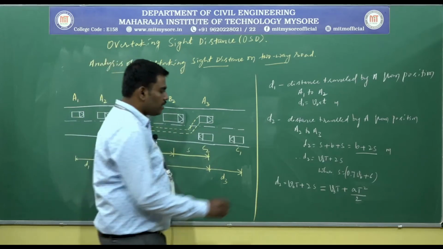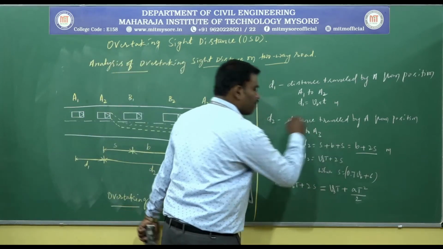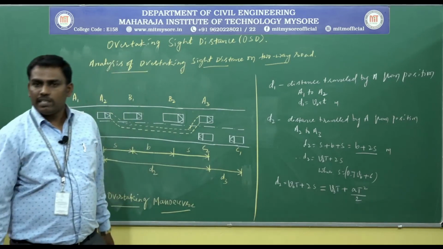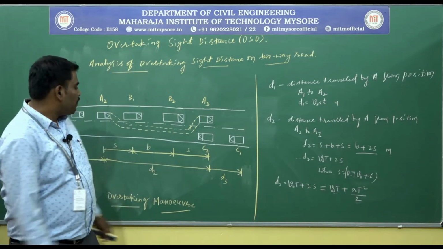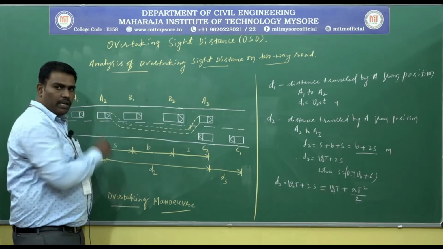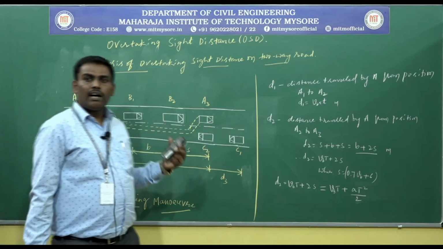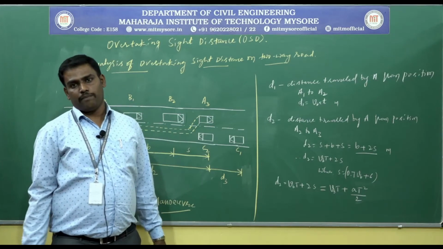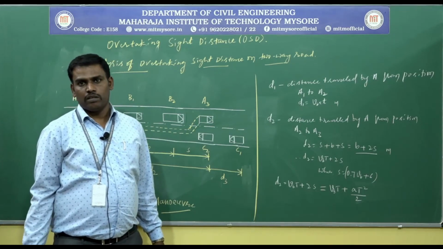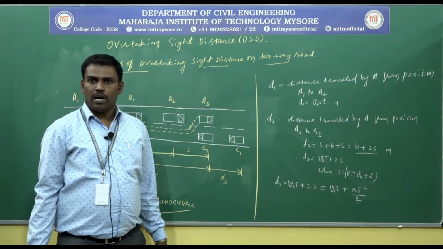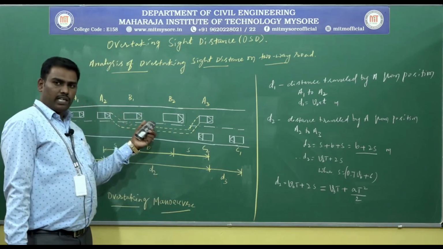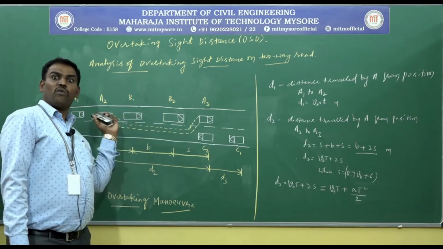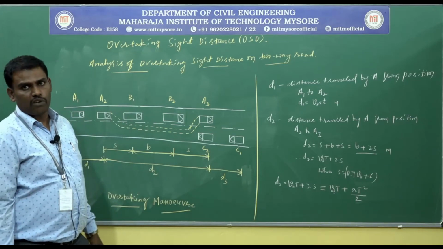Keep it in mind that the overtaking time capital T depends on the speed of the slow moving vehicle VB and the acceleration of the overtaking vehicle A.